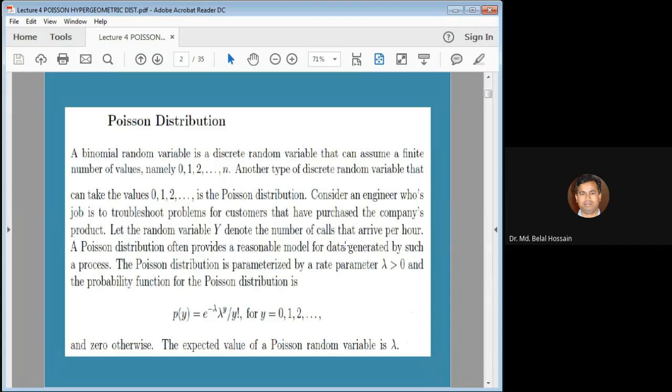Trump or Biden rather. So only two possible outcomes, then you will call one your success and one your failure.